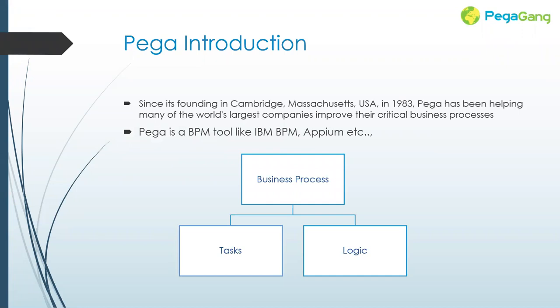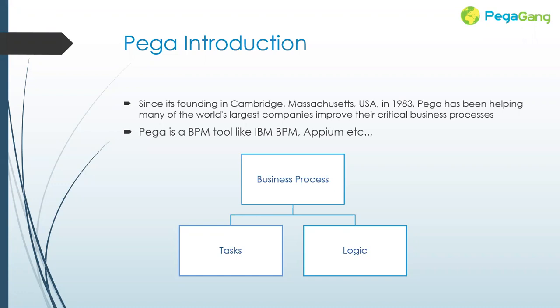As I said, Pega is a BPM tool, and a business process is the involvement of tasks and logic. So what are tasks? Tasks are nothing but gathering and reviewing of data. The data can be gathered through individuals working in a user interface or through automated exchange.